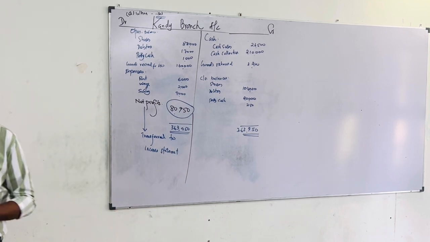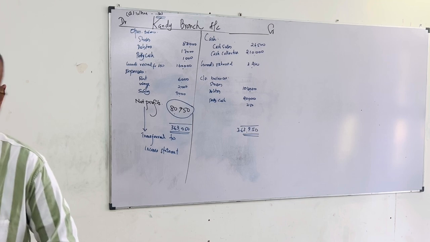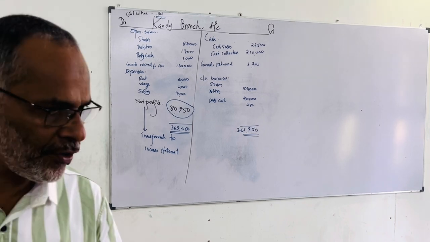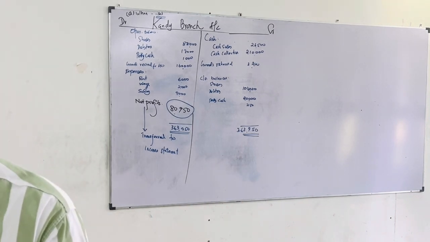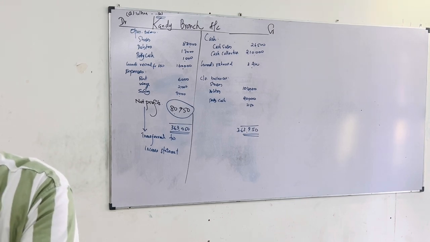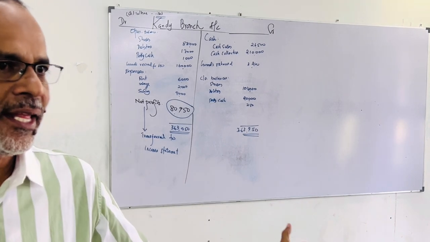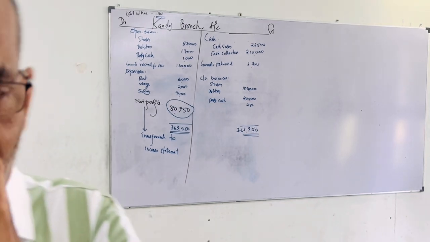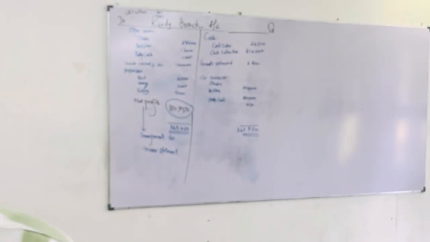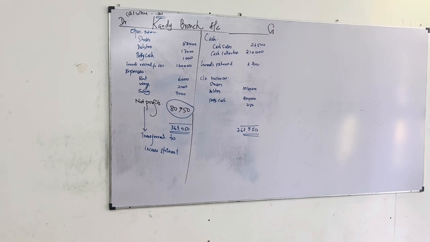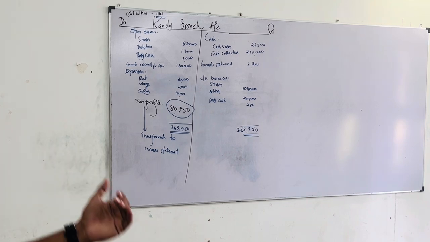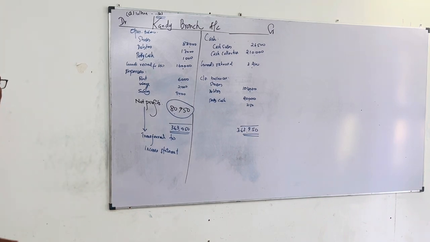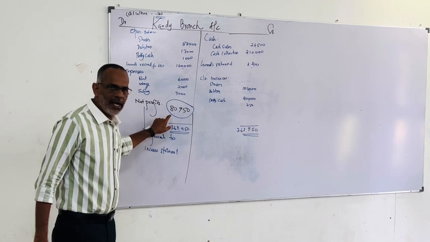Your profit is 80,950. Come to branch summary given to the HO. HO accountant prepares the what account? Branch. Whose branch? Candy branch account. Candy branch account prepared. Therefore, 80,950.